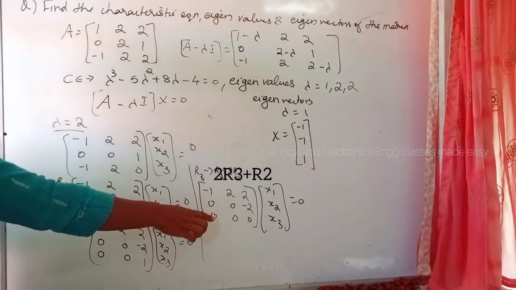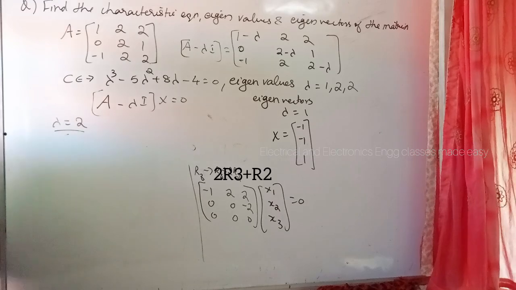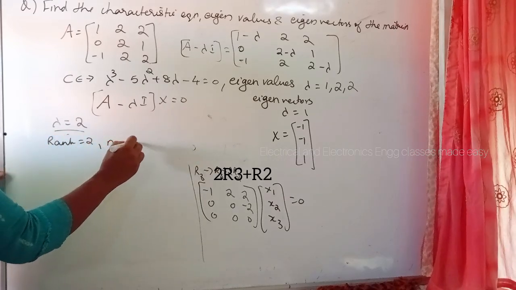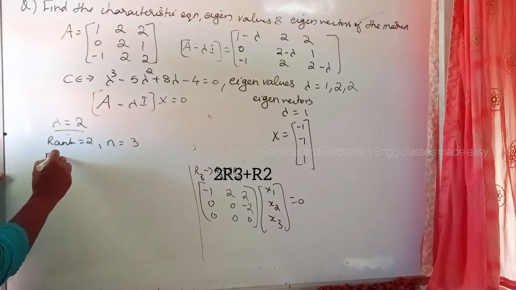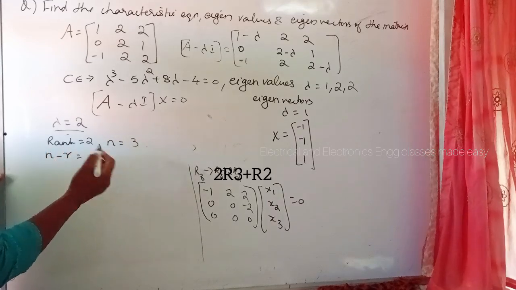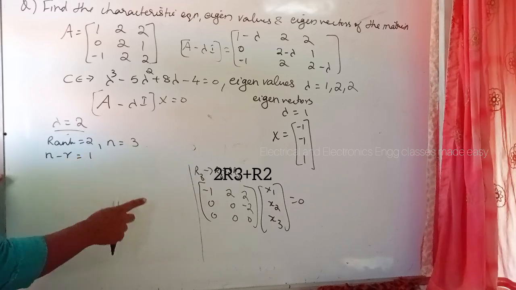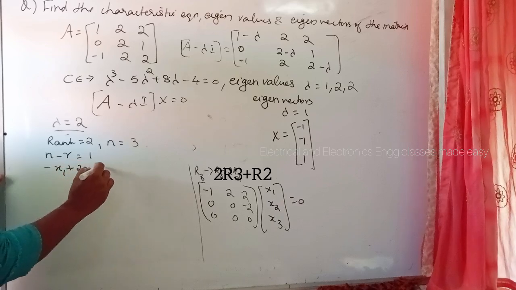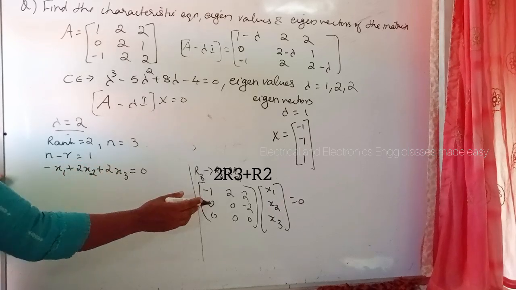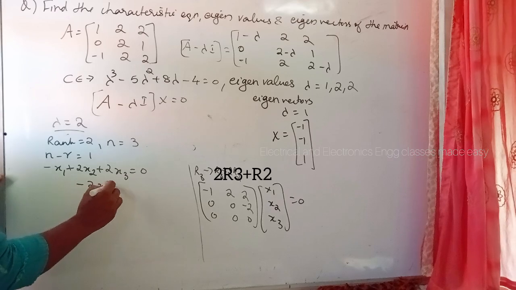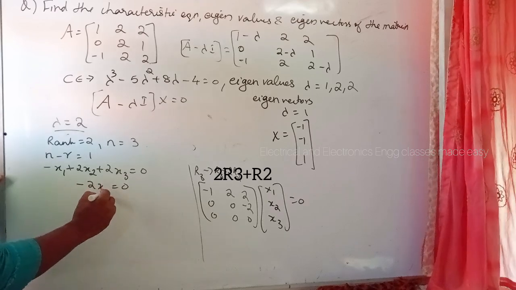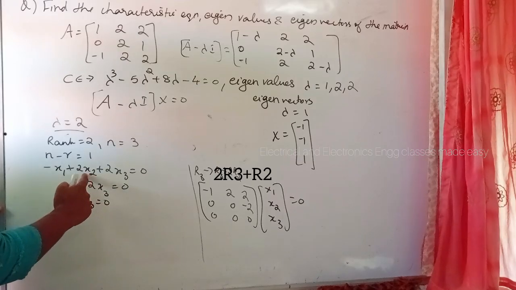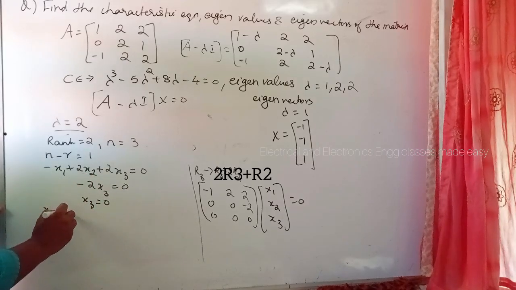So here what is the rank of this matrix? So it is 2. So here rank is equal to 2 and the number of unknowns are 3. So we have to assume values for n minus r variables. That is one variable we have to assume. So from this equation we can write minus x1 plus 2x2 plus 2x3 equal to 0. Then minus 2x3 equal to 0. So from this one we can write x3 equal to 0. Then let us assume x2 equal to k.